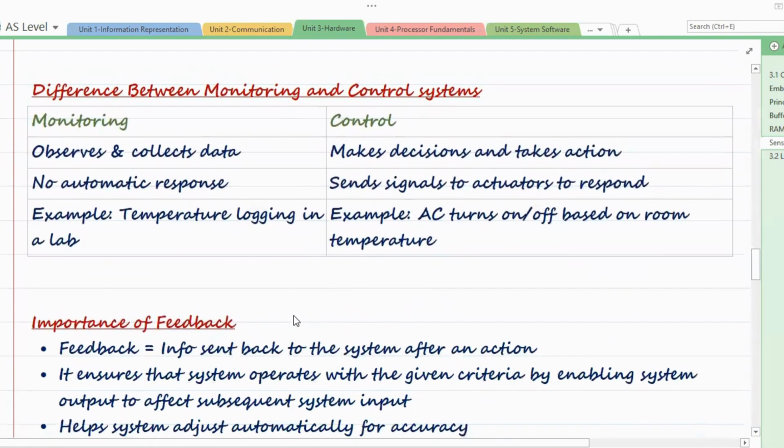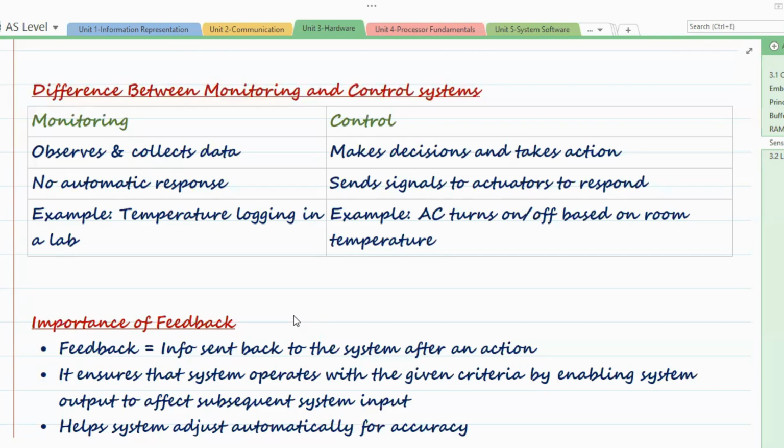Now let's have a look at the difference between monitoring and controlling systems. Students often confuse these two concepts. Let's make it very simple. A monitoring system is basically where data is only observed or information is collected. We just report results, but these systems do not automatically respond.